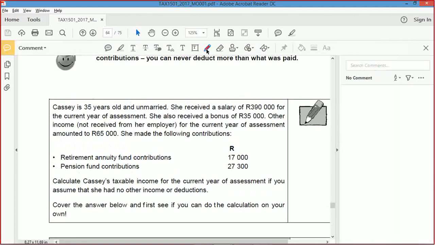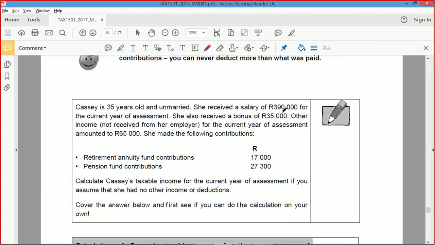Right, so you have to include the 35,000 as part of her remuneration because we're trying to find her remuneration when working out a deduction. Okay, what else do we have? Other income not received from her employer. Notice, not received from her employer.